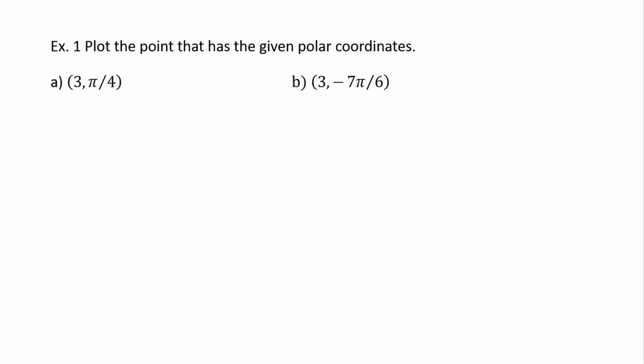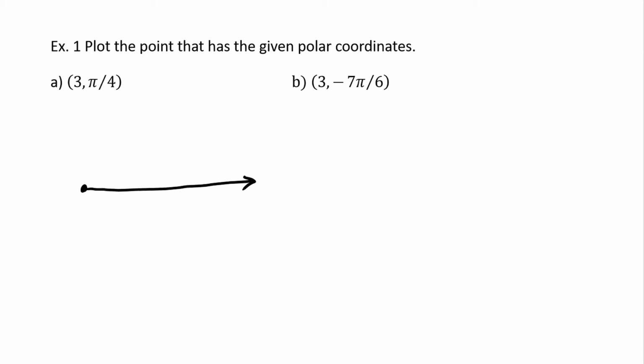Plot the point that has the given polar coordinates. A, (3, pi over 4). I begin by making a dot that represents the pole and drawing my polar axis.